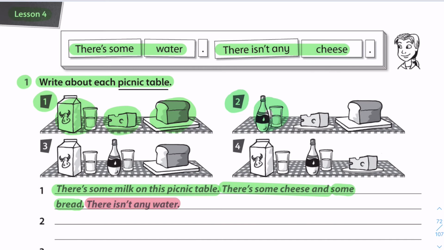For picnic table number 2, this is water. So we write, there's some water on this picnic table. There is some cheese, of course, cheese right in the middle.